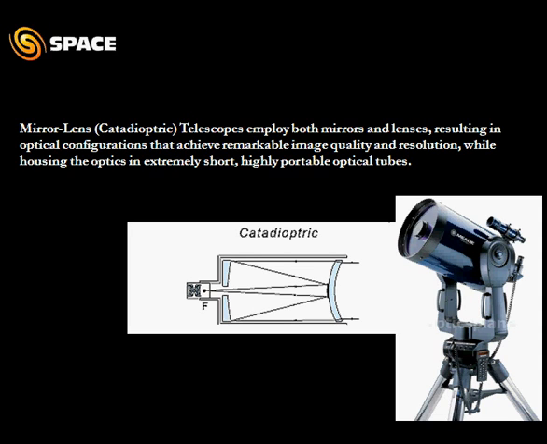You can see in the figure that at the entry of the light, where the light enters, we have a correcting plate, and we have a reflecting mirror at the back, which has a hole in it. So that mirror is a spherical mirror.